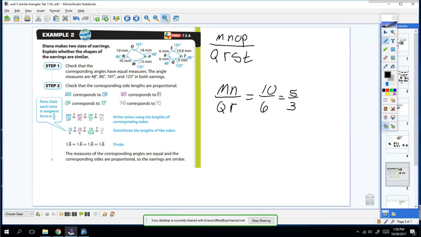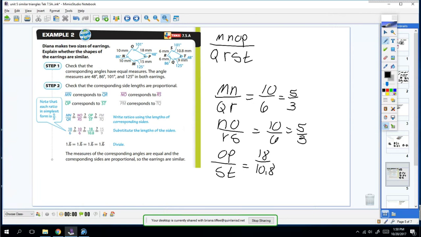Side NO goes with RS. NO is 10, RS is 6. That equals 5/3, so they equal each other. OP is equal to ST. OP is 18. ST is 10.8. Oh, wow, we have a decimal this time. Interesting. We'll come back to that one in a second.